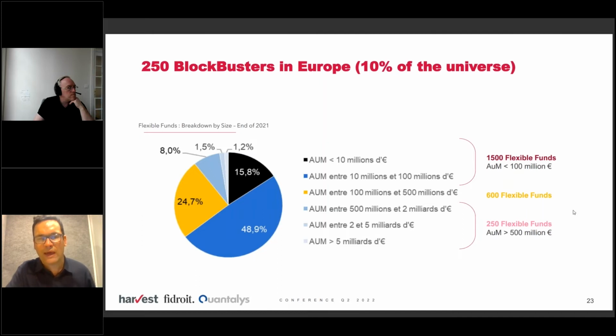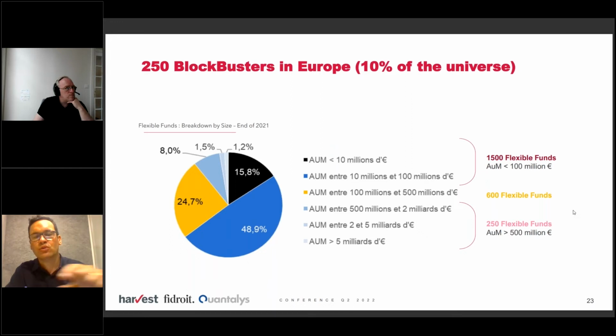We wanted to highlight the fact that in flexible funds, you have tons of small flexible funds with a fund size below 100 million euros, so very small flexible funds. So in terms of distribution, very difficult to distribute.